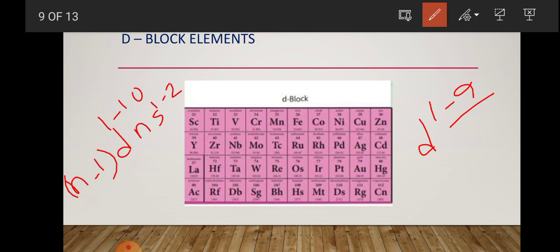Their d orbital contains 1 to 9 electrons. In that case, these elements are called transition elements. And group 3 to 12 contain the d block elements.